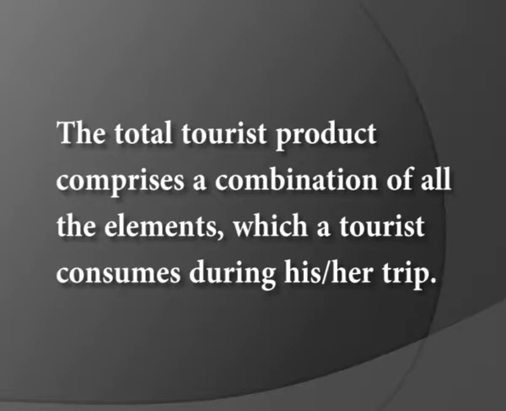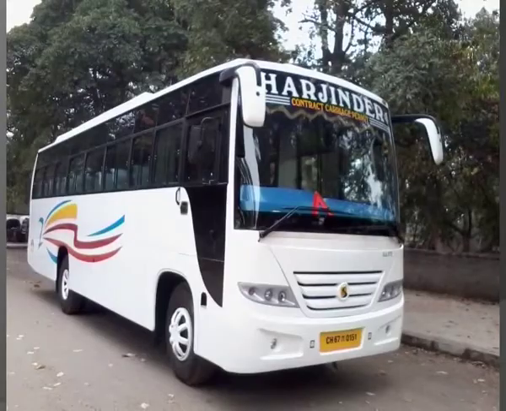The total tourist product comprises a combination of all the elements which a tourist consumes during his or her trip. The specific products are components of the total tourist product and can be sold as individual offerings such as accommodation, transport, attractions and other facilities for tourists.